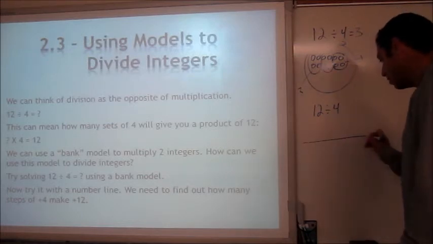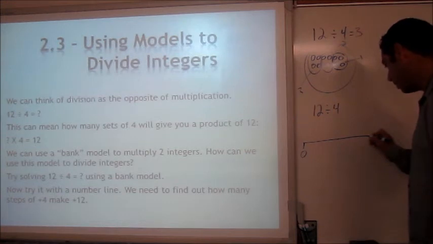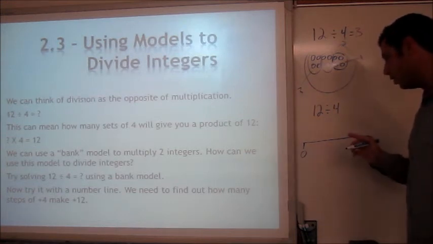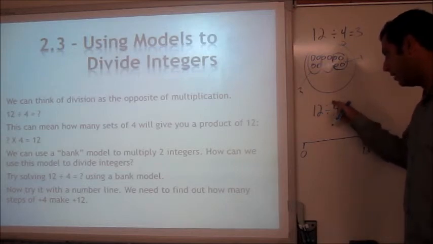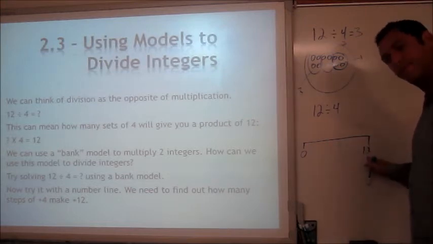So we can start by sketching a number line. We'll label 0, and we'll label 12. And what we want to do is find out how many steps of size 4 it takes to get to 12.